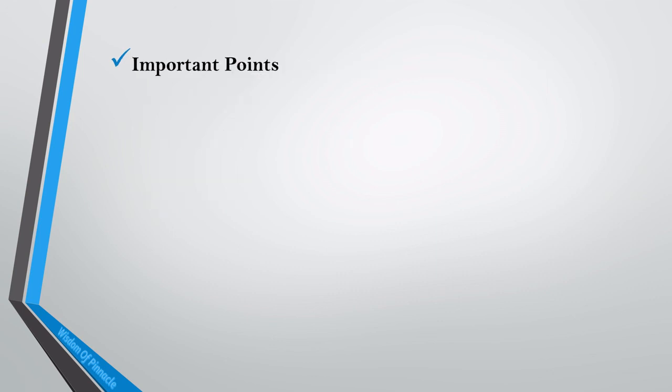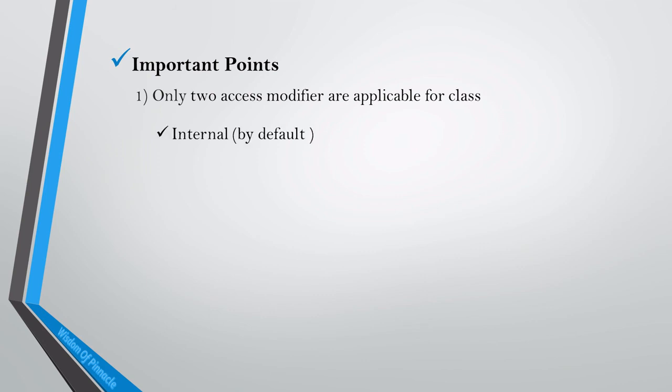The very first point related to class is that only two access modifiers are applicable for a class. Internal is the default, and public is the one which is explicitly taken by the class. So internal and public, only two are allowed at the class level.